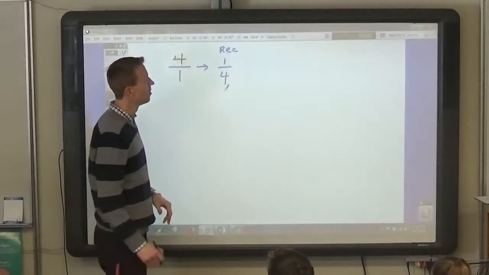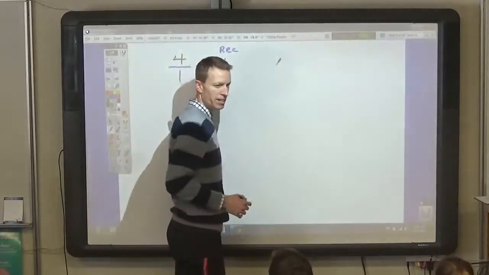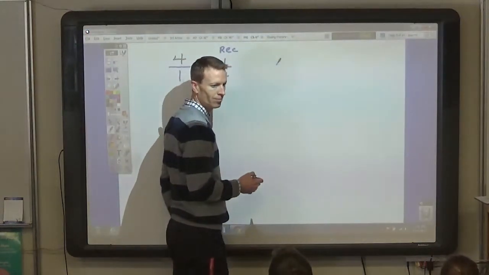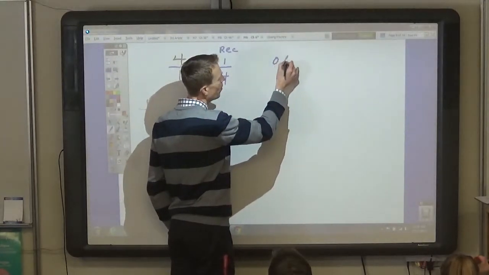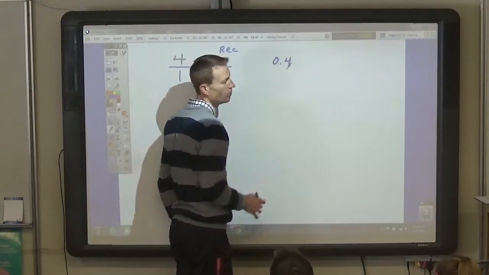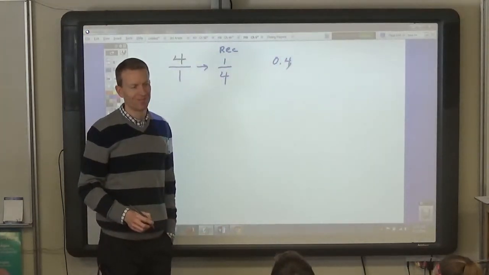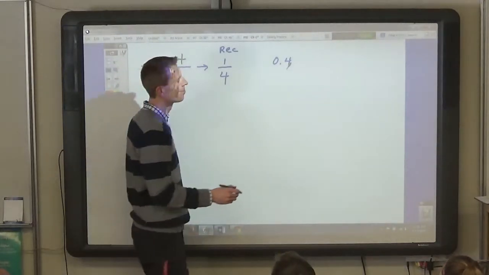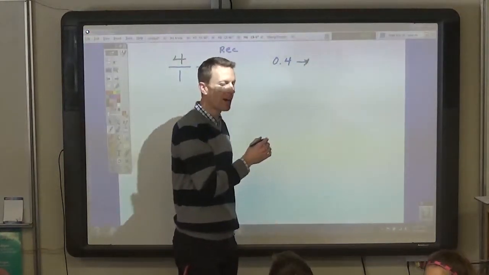Now, how about a decimal? Can you find the reciprocal of a decimal? How about this one? 0.04. Max? You would switch the 4 and the 0? Well, how would you write that as a fraction?